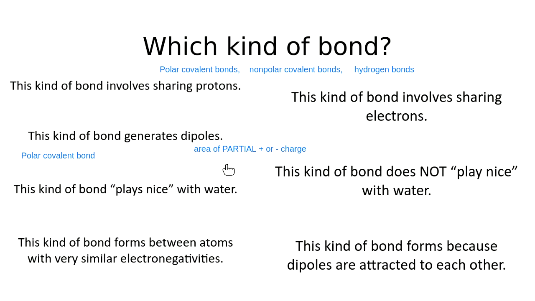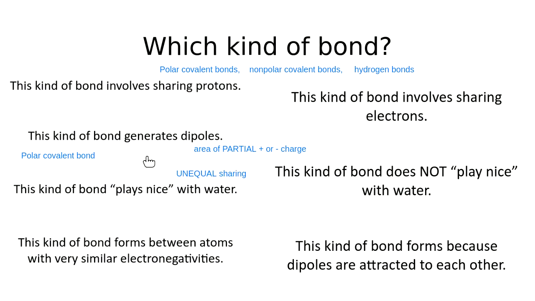If we've got these dipoles, if we've got partial charges, equal or unequal sharing? Yeah, so a couple of us are chiming in. When we have areas that are partially positive or partially negative, that's because we have unequal sharing of our electrons.